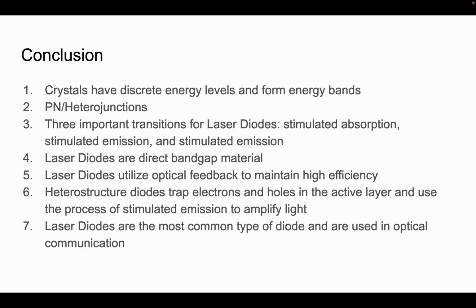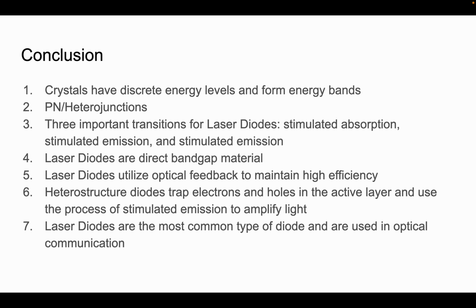Then I talked about the three important transitions for laser diodes: stimulated absorption, stimulated emission, and spontaneous emission. There's a typo on the slide, but the relationship between those three is that the rate of stimulated absorption is equal to the rate of stimulated emission plus the rate of spontaneous emission.